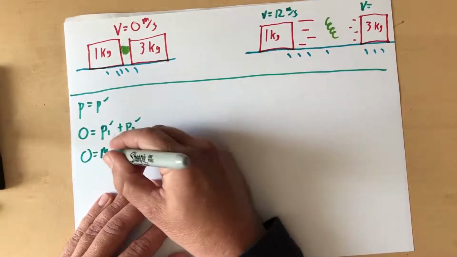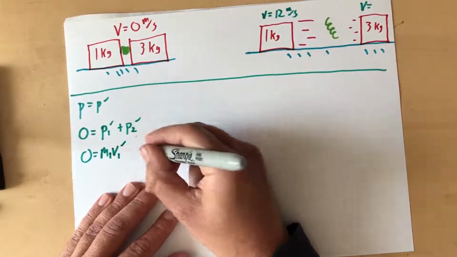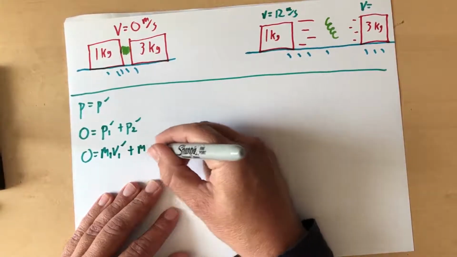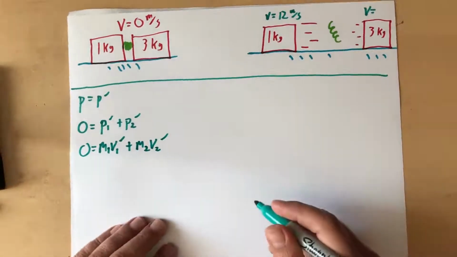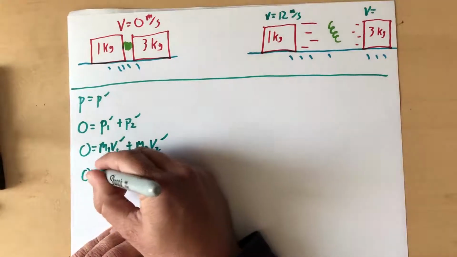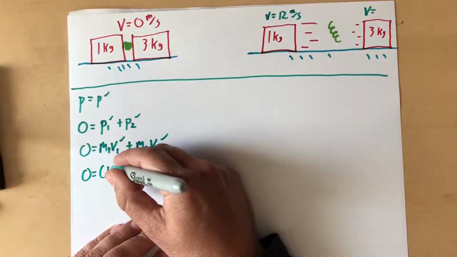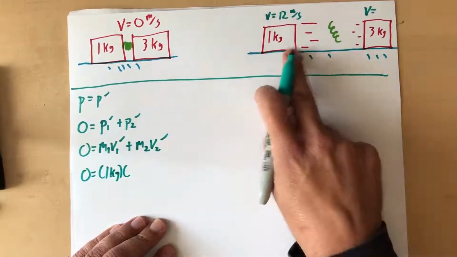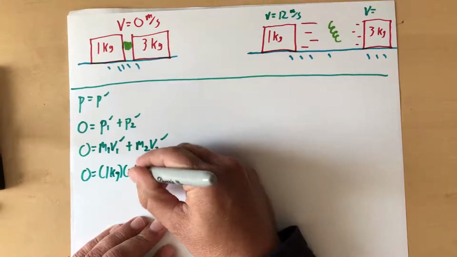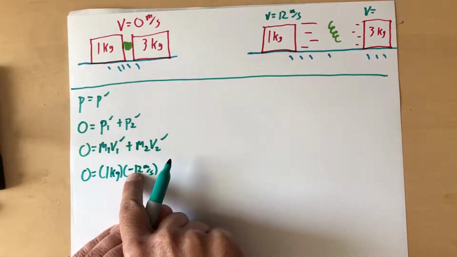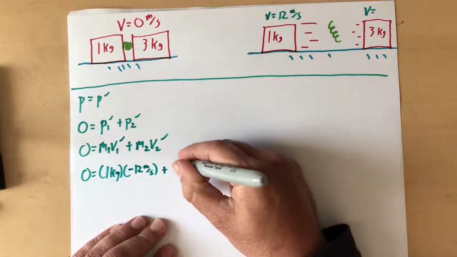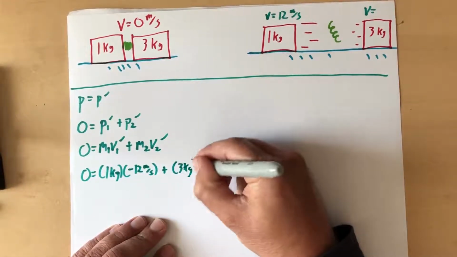Momentum of object 1 afterwards is going to be mass 1 times velocity 1 afterwards. And momentum of object 2 afterwards is going to be mass 2 times velocity 2 afterwards. So plugging in, mass 1 is 1 kilogram. Velocity 1 afterwards is negative 12 meters per second. That is very important. That means to the left. Mass 2 is 3 kilograms.